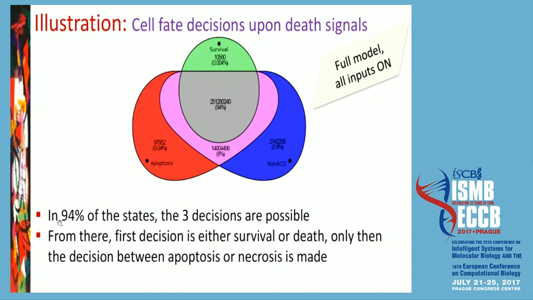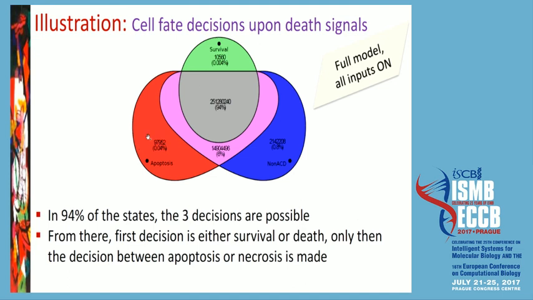For example, the fact that 24% of the states, this is the intersection of all the basins of attraction, no decision is made already. All states in this region can lead to one of the three attractors.